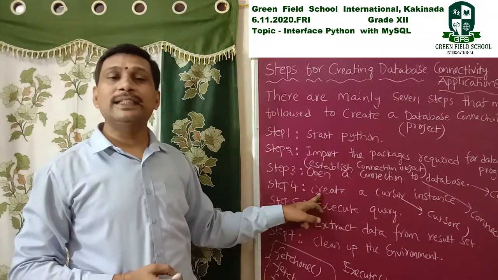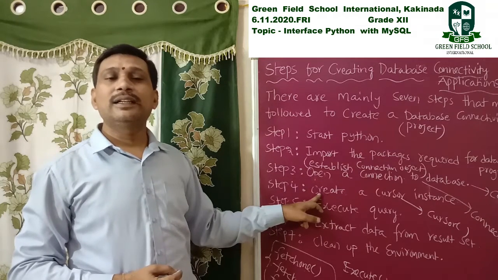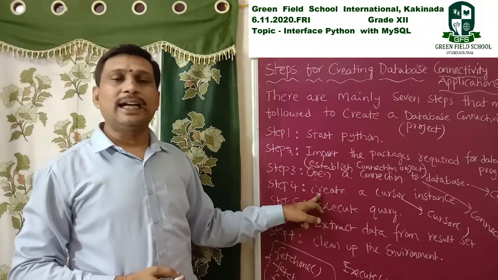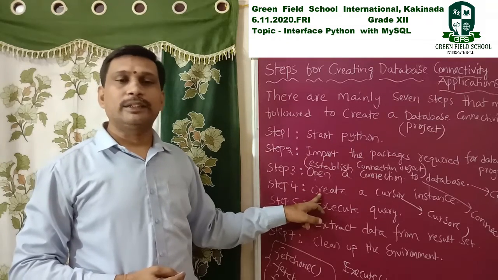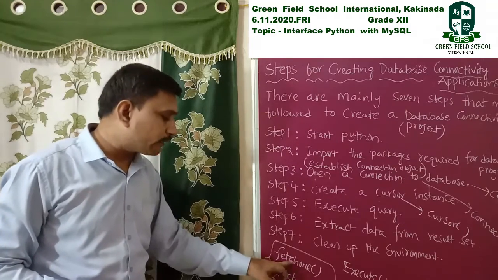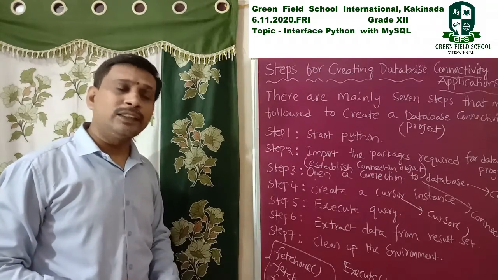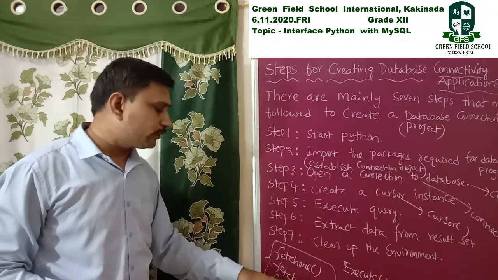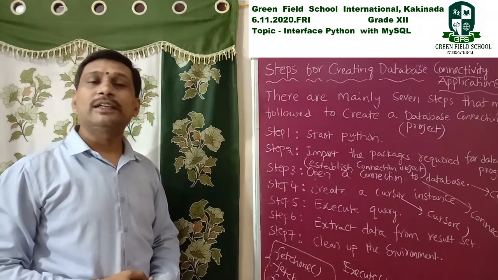In that cursor we temporarily place the student's data according to your requirement. Then we take that student data according to the requirement of the programming by using the fetchone method, or by using fetchall, or by using fetchmany.